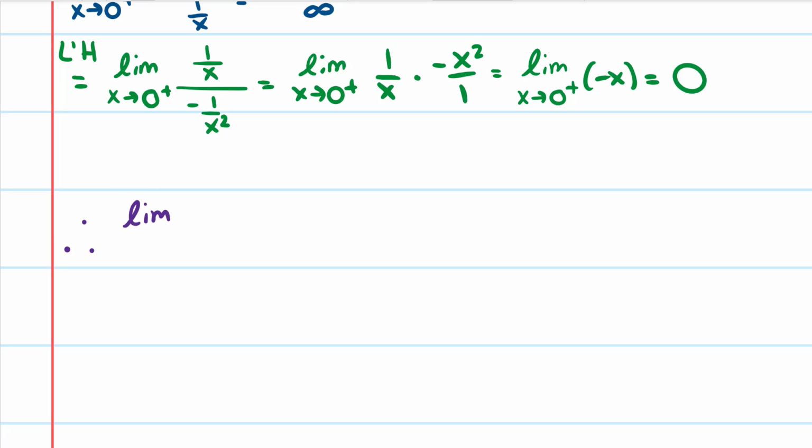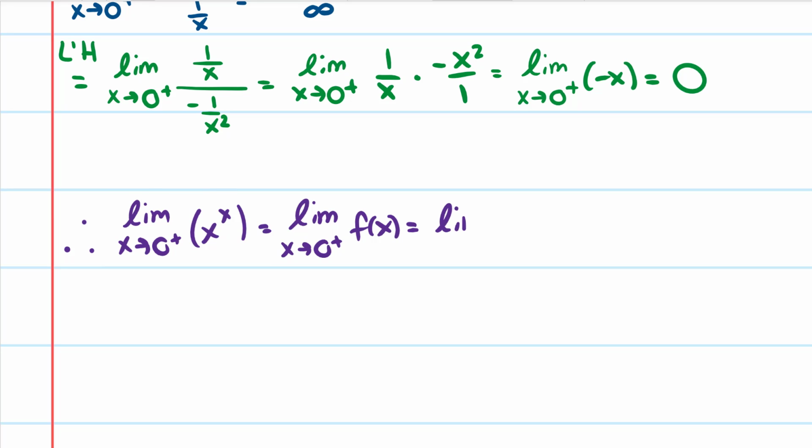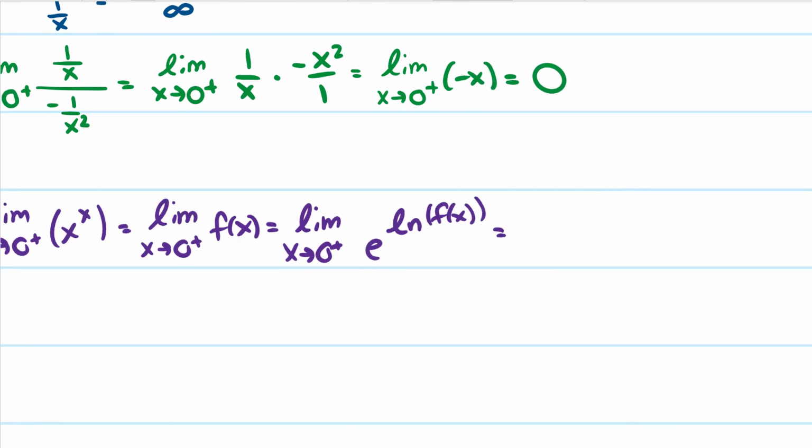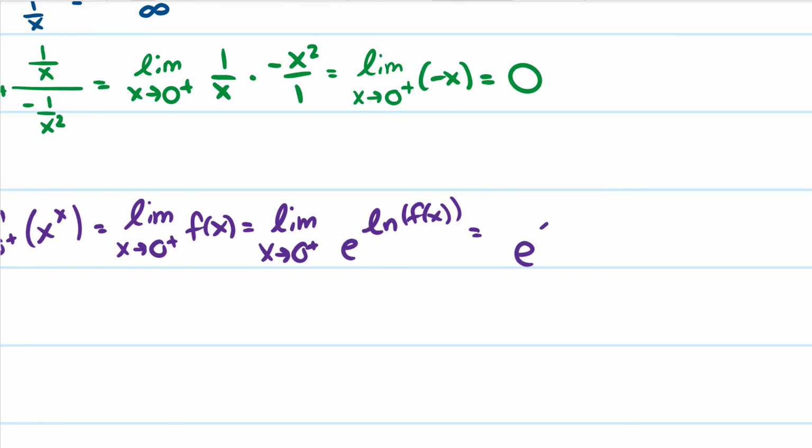Therefore, the limit as x approaches 0 from the right of x to the x is equal to the limit of f of x, which is equal to the limit of e to the ln of f of x, which is equal to e to the power of the limit as x approaches 0 of ln of f of x, which we just proved to be e to the 0.